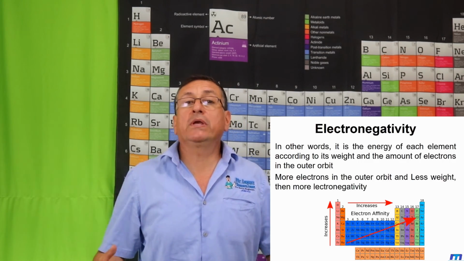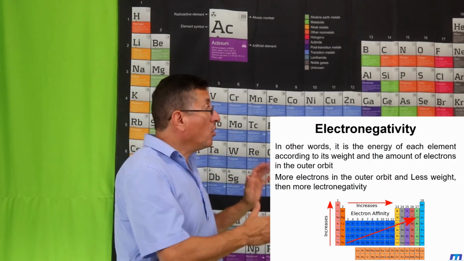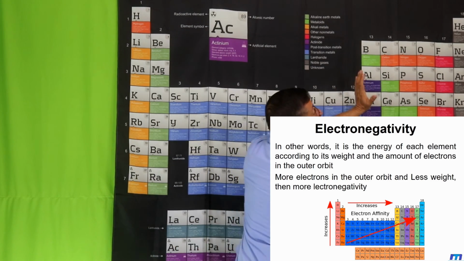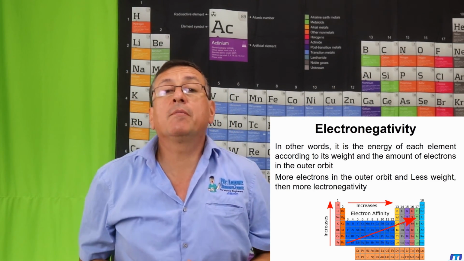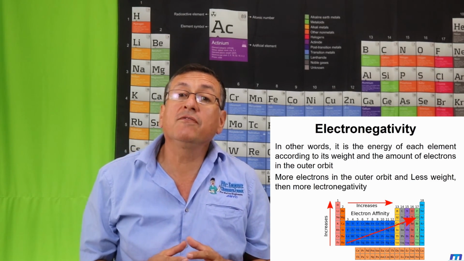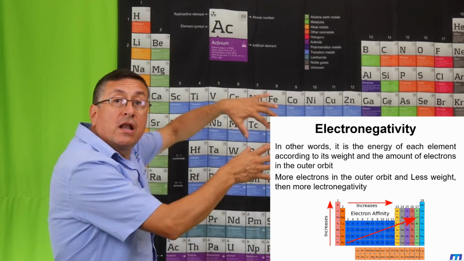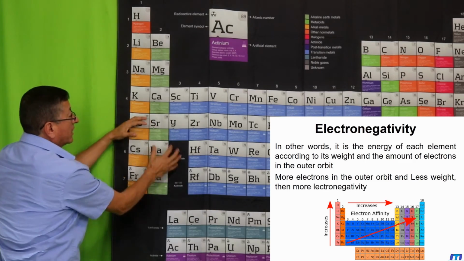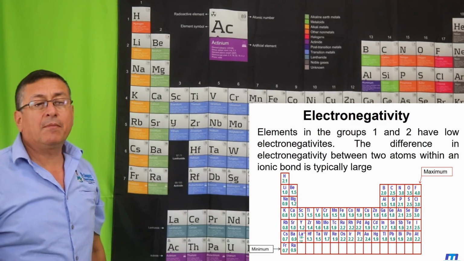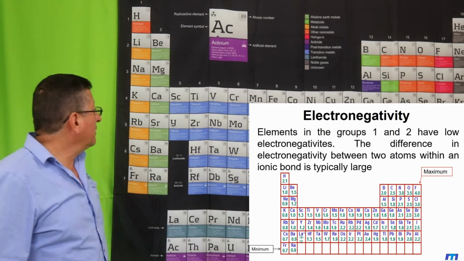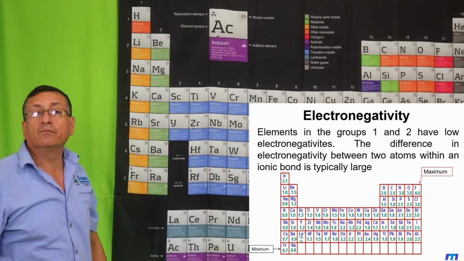There are elements with higher electronegativity located in this area, in the upper right corner. And there are elements with lower electronegativity located in the lower left corner. For that reason, in the periodic table, the element with the lowest electronegativity is francium.